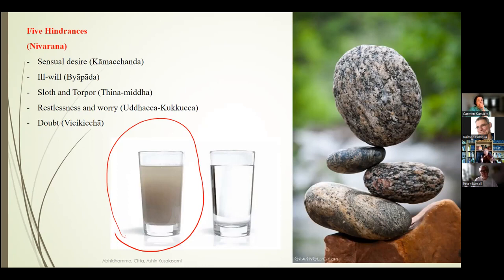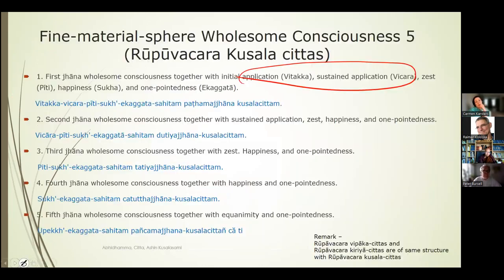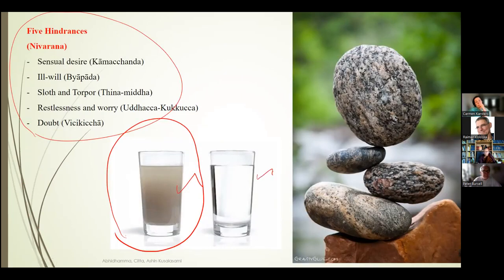When one of these five is working, our mind will be like this, not clear. And if we practice meditation and reach some stage of jhana, then our mind will become clearer and clearer.